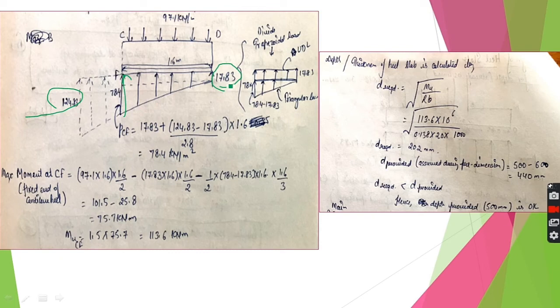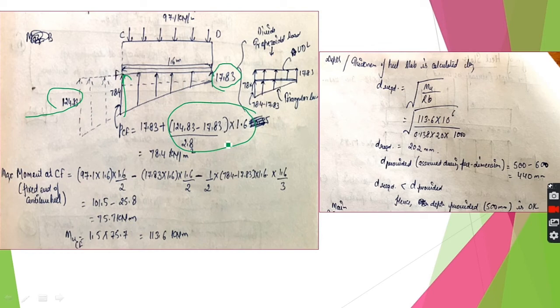This value will be bigger than 17.83 and lesser than 124.83. So pressure will be 17.83 plus some value. So what is this value? Here we are using the unitary method. For a variation of 17.83 to 124.83 in 2.8 meter length, that is a variation of 124.83 minus 17.83 in the length 2.8 meters, then what will be the variation in the length 1.6 meter?